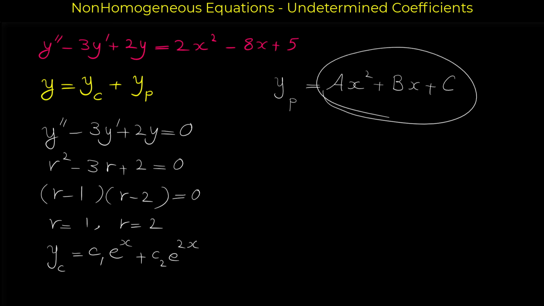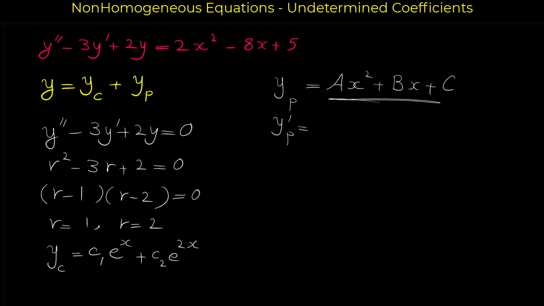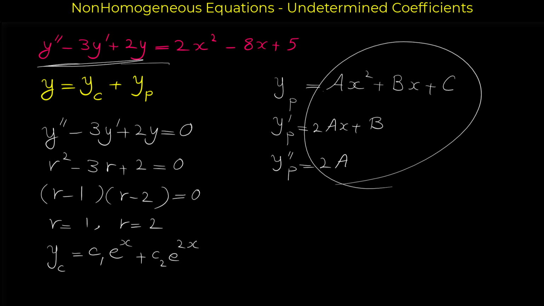So, before doing anything else, let's find y prime and then y double prime. The derivative of this polynomial is 2ax plus b, and the second derivative is 2a. Now for finding a, b, c, we have to plug these in here.